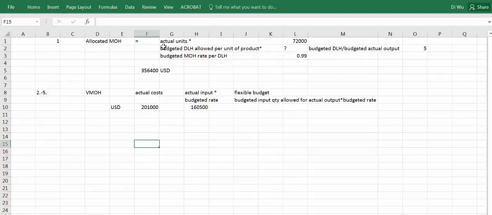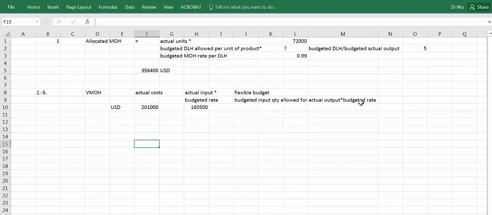Question 1 tells us the actual units manufactured and the budgeted direct labor hours allowed per unit. So that's exactly what we need for the budgeted input quantity allowed for actual output. We multiply the actual units by the budgeted DLH allowed per unit of product.